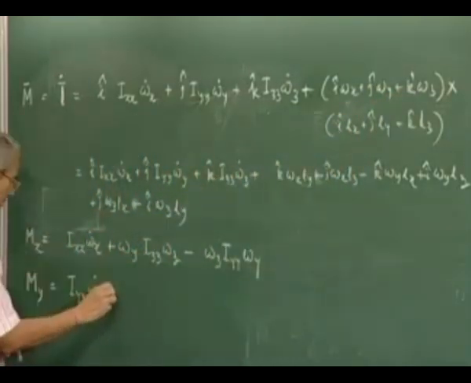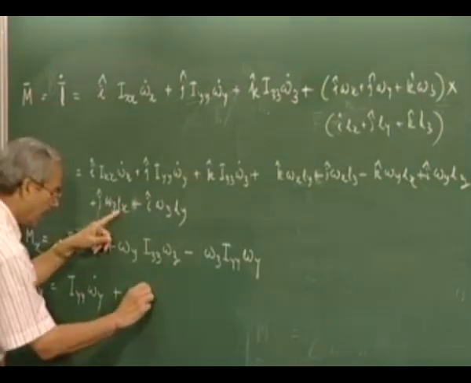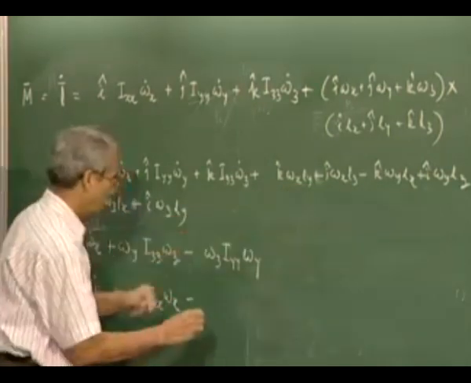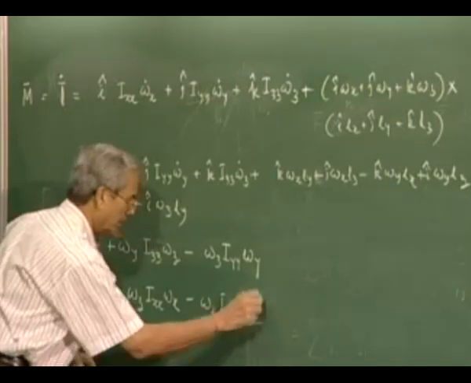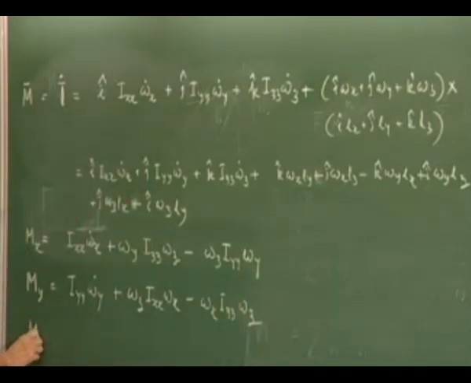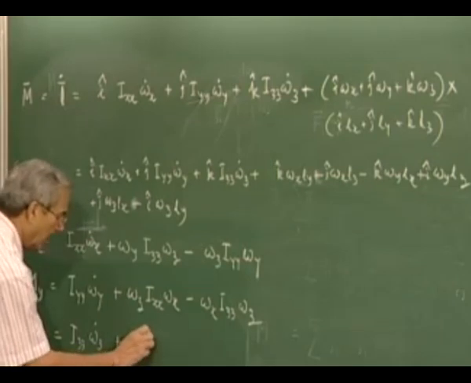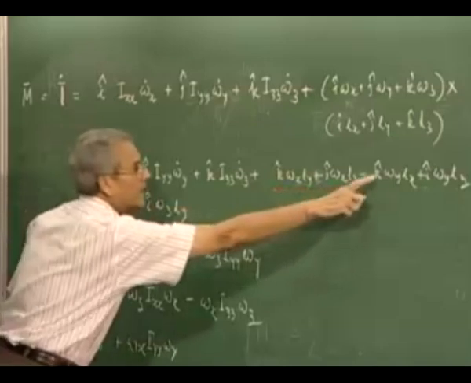So therefore this plus omega z Lx, which is Ixx omega x, and this is omega x Lz, which is Izz omega z, and Mz will be the k part, that is Izz omega z dot plus omega x Iy omega y, this term, minus this term.